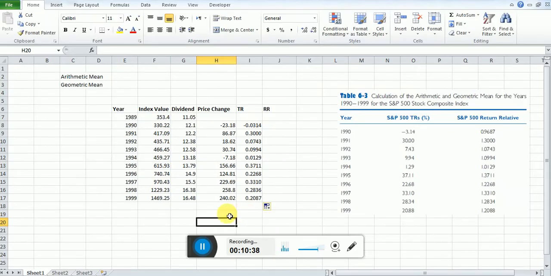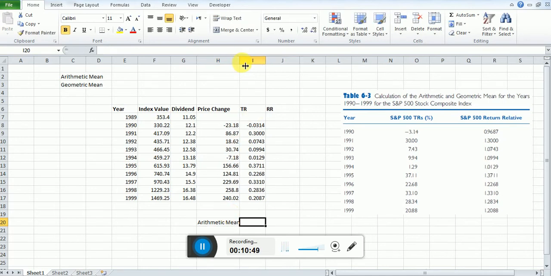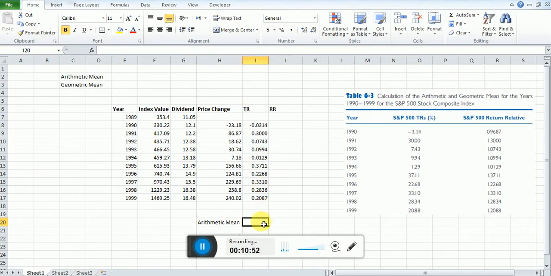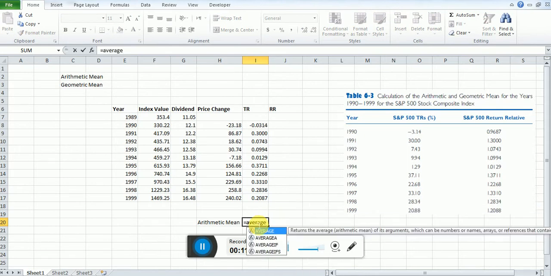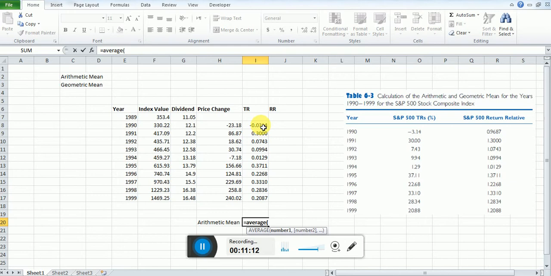You have to compute the arithmetic mean, which is x bar. You have to sum all of these values and then divide by n. In Excel we have a function: just put equal sign and then type average and take all these values in the range. This gives you the average return.